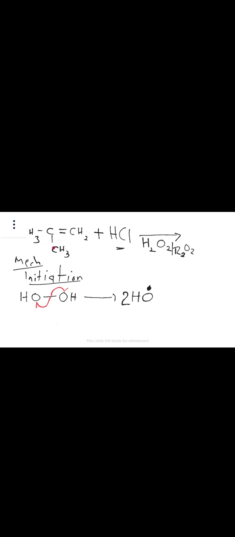Now, let me proceed. I said initiation. The first step is the peroxide breaks to form peroxide radicals. It breaks the same way we broke the covalent bond homolytically last week, and each atom takes an electron to form the radical. Notice where you are putting your radical.